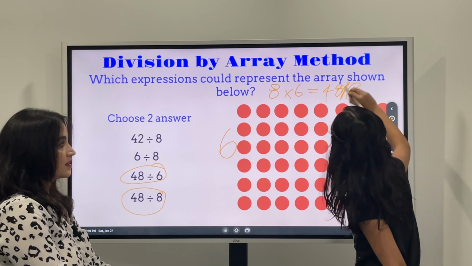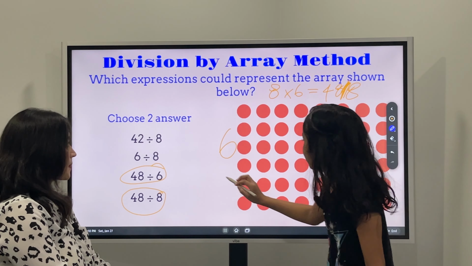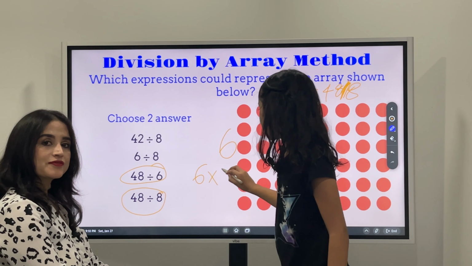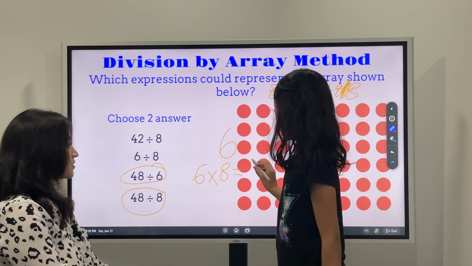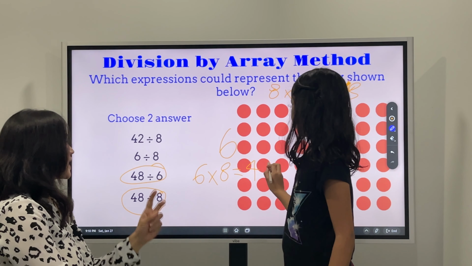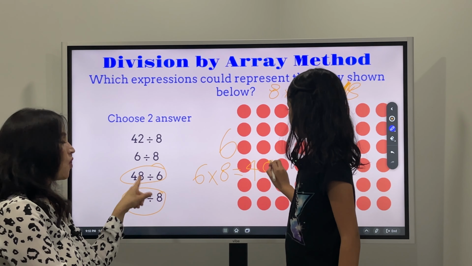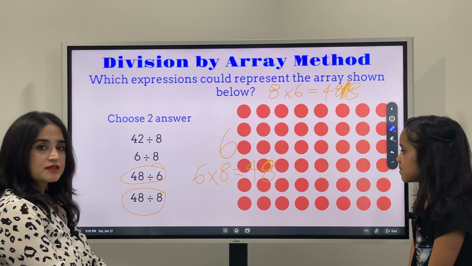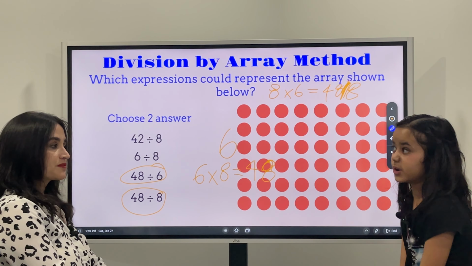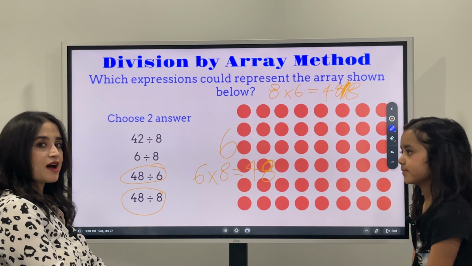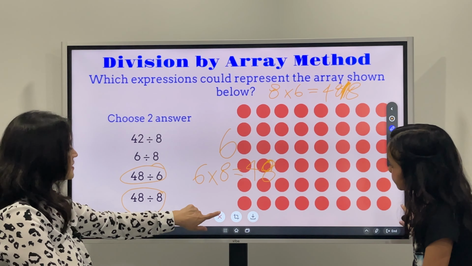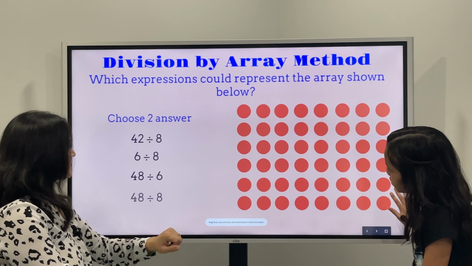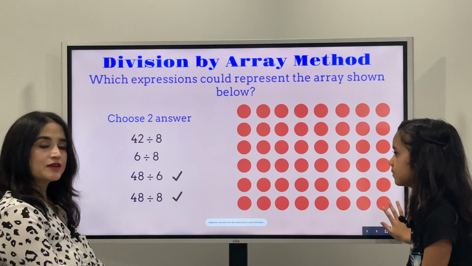And if you do 6 times 8, it'll also equal 48. So you can switch the group or each group, either 6 or 8, it doesn't affect the total. Except you cannot switch the total number. Good. Let's see if you're right. Good job.